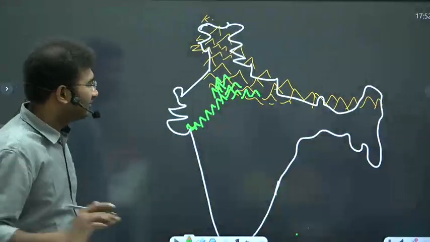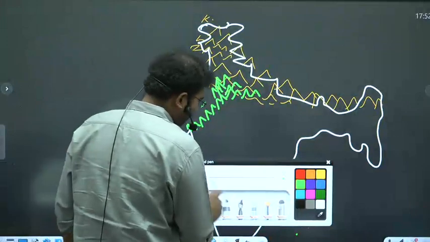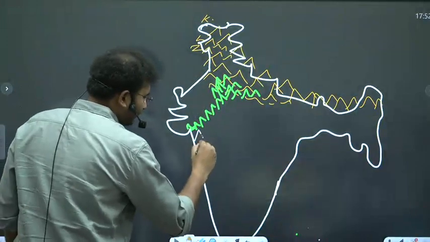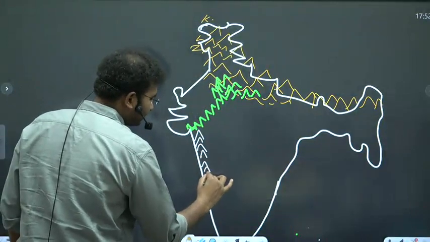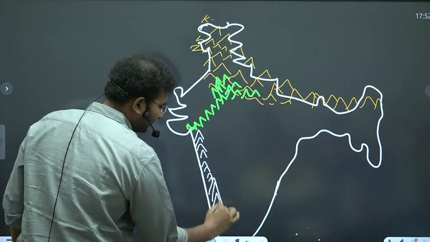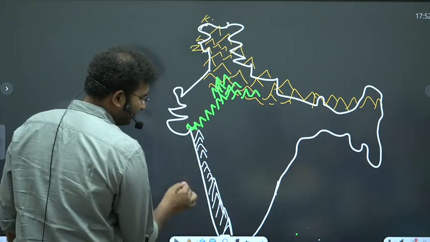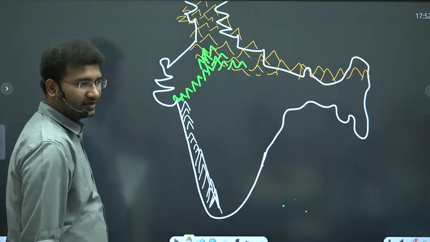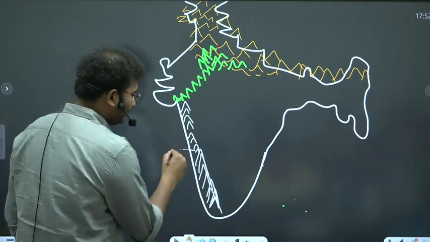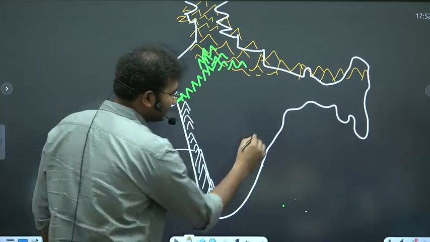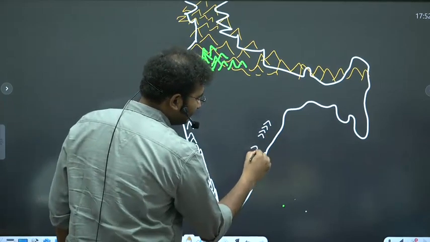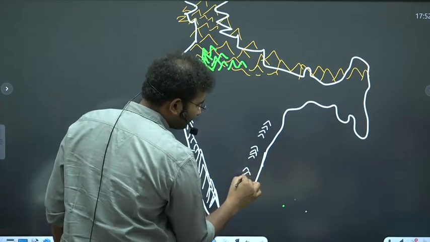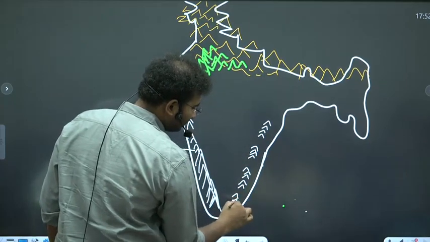So one chain of mountains you got to learn. Now go to the Western Ghats. Here also, as you go towards the south, the highest peak of the Western Ghats you will see in the south. These are Western Ghats. And on the eastern side you find Eastern Ghats. Your Eastern Ghats are not continuous. They are a series of hills.